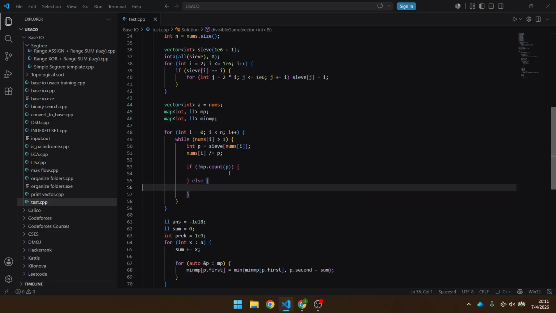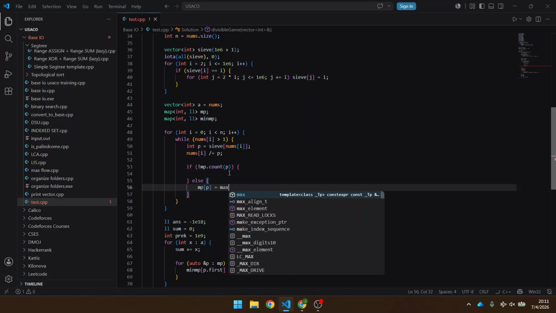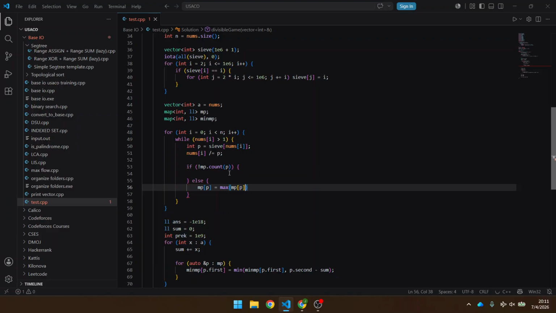And otherwise, plus equal to p. How do you do this?